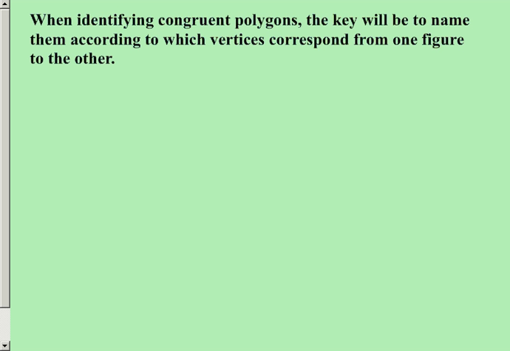Now, when identifying congruent polygons, as always, there is a particular way to name them. And the key to that is to name them according to which vertices correspond from one figure to the other figure.